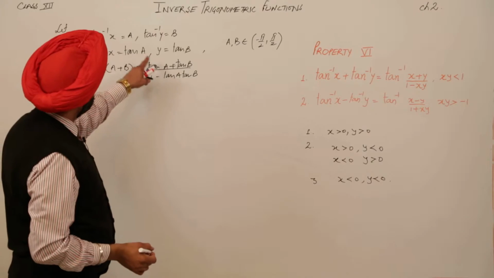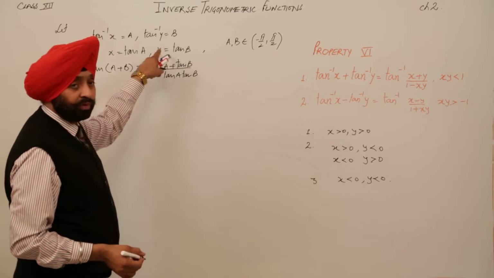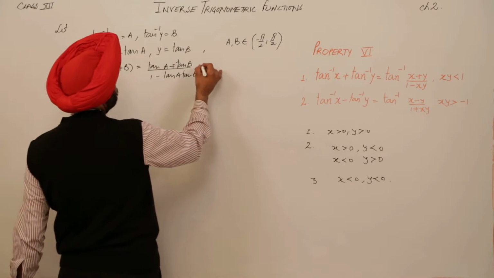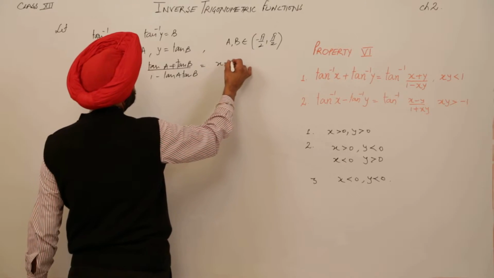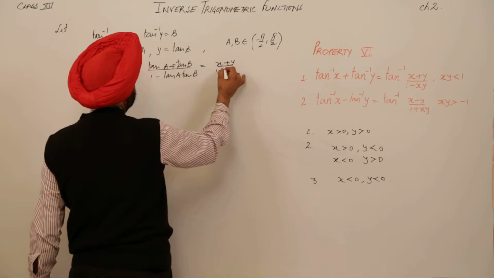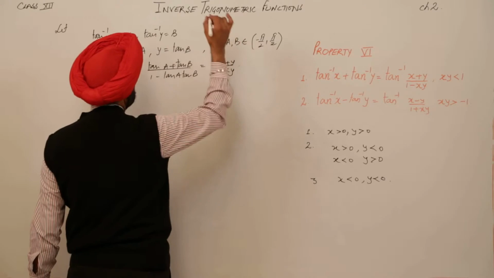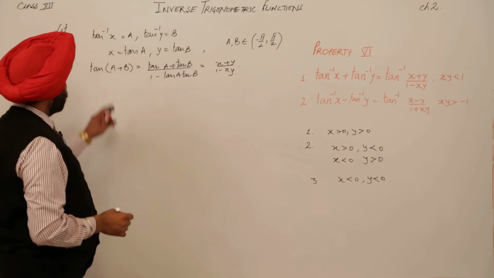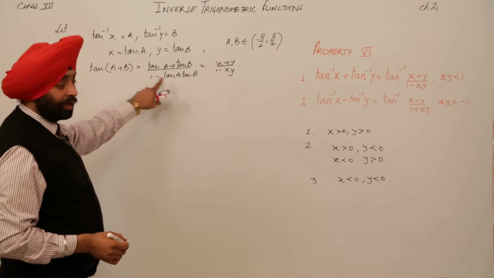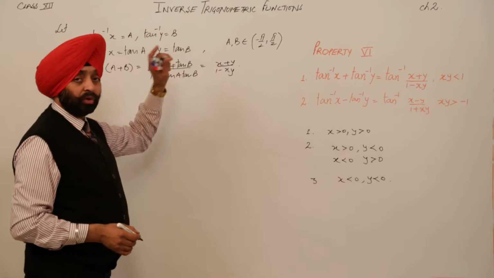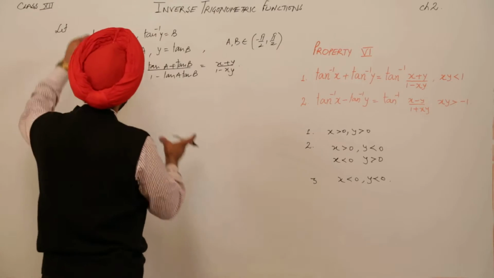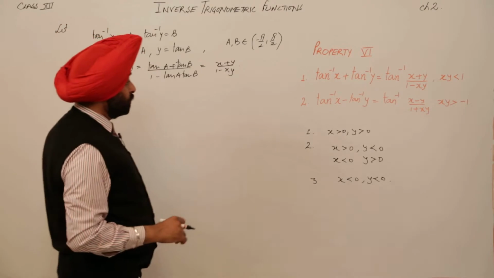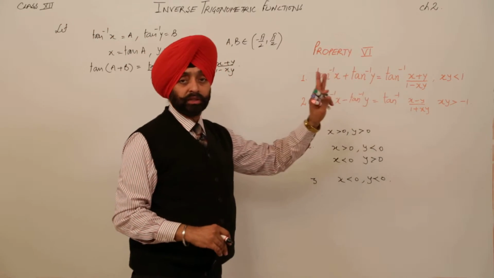Now we have taken tan A as x and tan B as y. So this becomes x plus y upon 1 minus xy. This is the basic thing. From the formula we can write tan (A plus B) is equal to x plus y upon 1 minus xy. This is the basic condition which I am going to use for all these three cases.